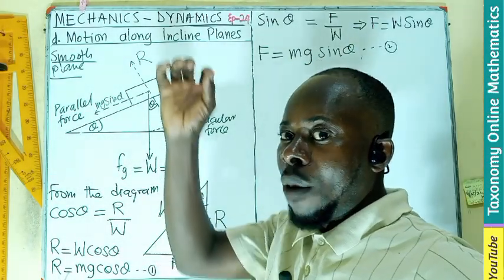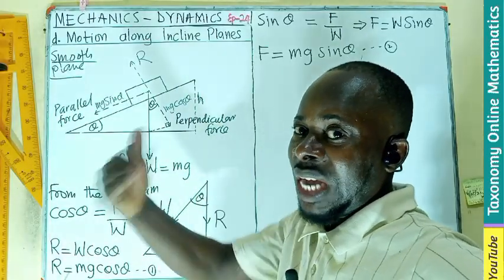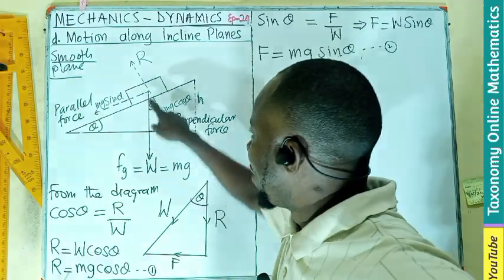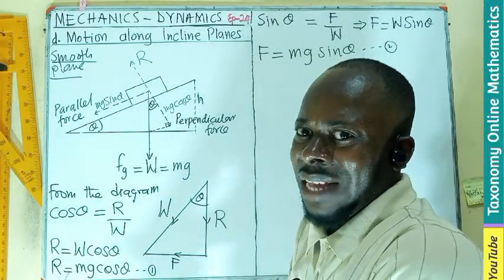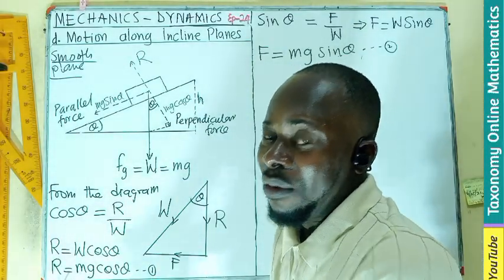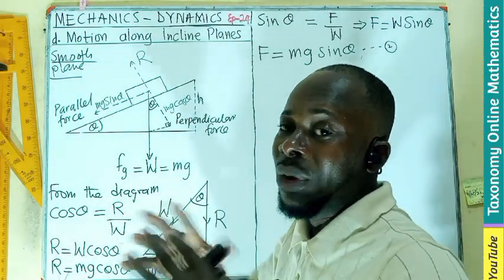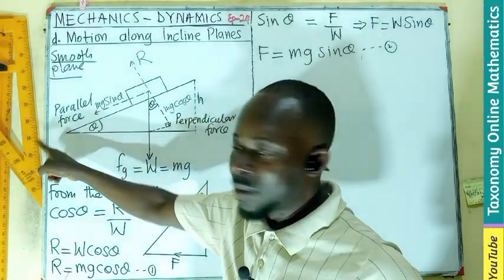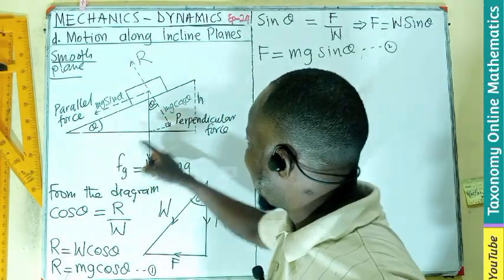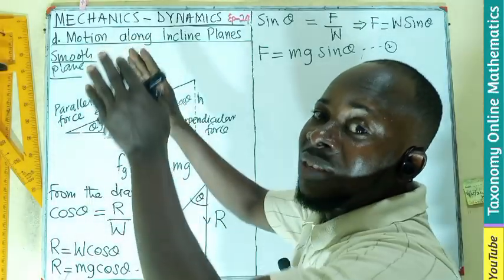All right. Now, if a body is placed on the surface, you can see that the force of gravity, which we know pulls objects towards the center of the earth, the full force or the full potential force is not going to be applicable because the body is no more vertical on the ground for the force of gravity to act on it. Which means the force of gravity is going to be divided. One is going to pull the object along, as you can see the G is there, and the other is also going to be the one pulling the object perpendicular to the surface.